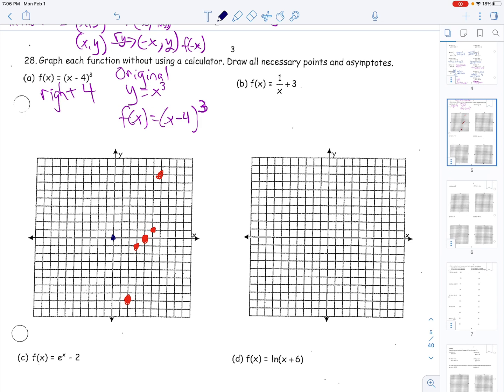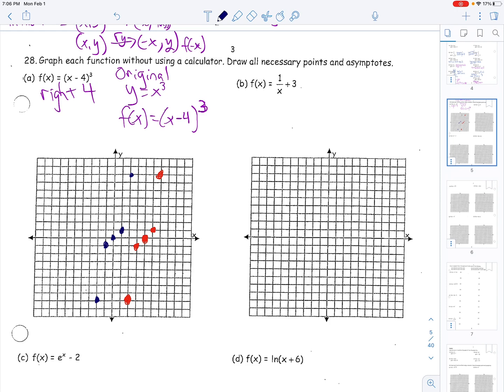You could graph the original on here if you wanted to. I'll make this in blue. You want to graph x cubed. So dark blue here is x cubed. You can plot those points and then just move them right 4 units.